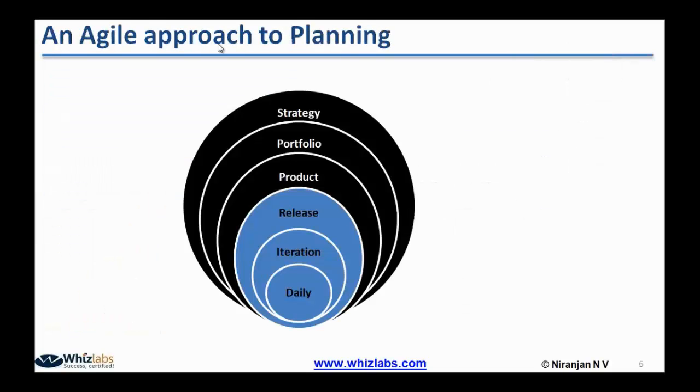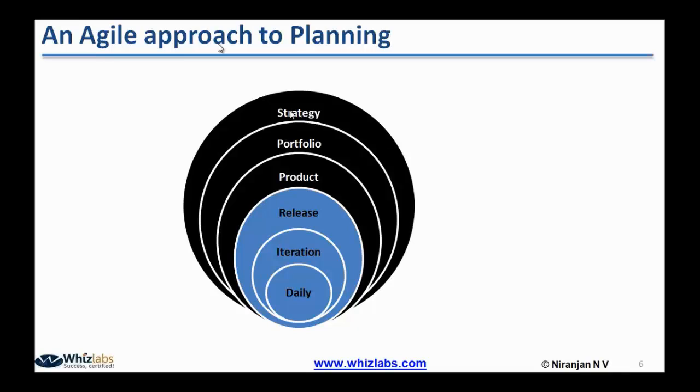Also, the approach for planning in Agile is a little bit different. The picture being shown to you is something called a planning onion. It is in the shape of an onion, and it is called a planning onion.